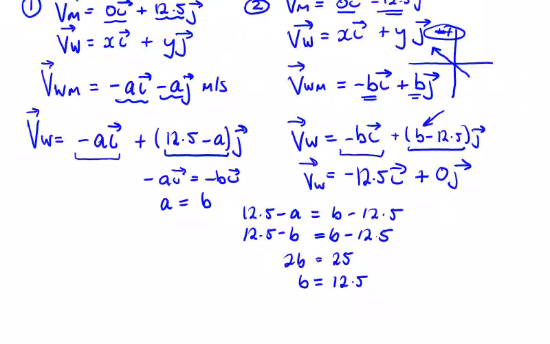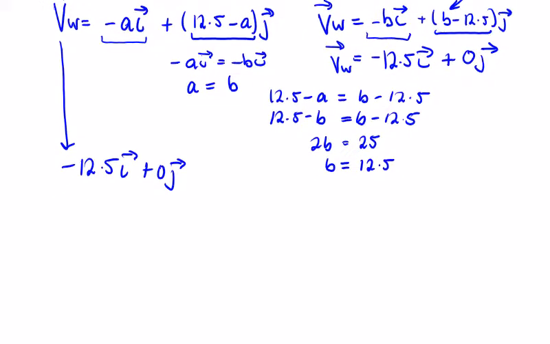That should work over this side as well. We're going to get minus 12.5 in the i direction, and plus 0 in the j direction. So we have the velocity of the wind. The magnitude, when there's only one component, is the square root of 12.5 squared, so 12.5.